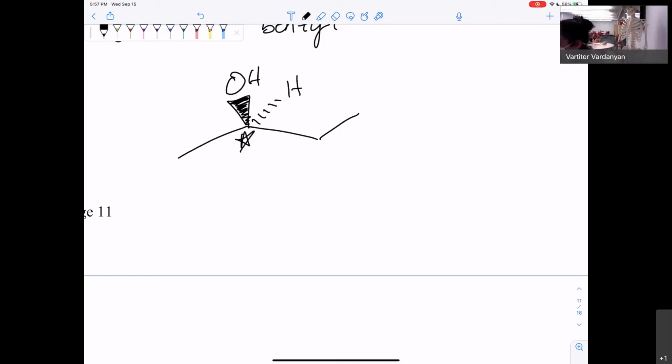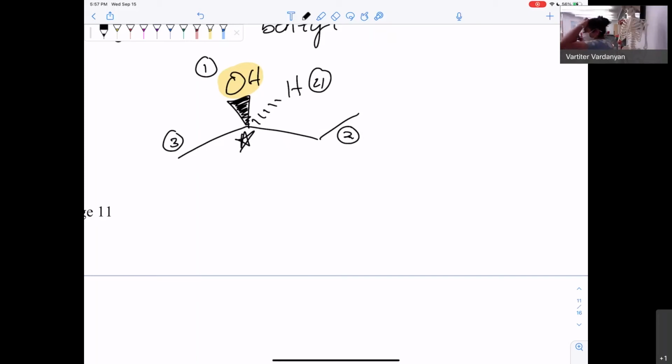All right, so the first priority group is going to be the OH because it's an oxygen. Cool. Last place is always hydrogen. Hydrogen sucks. And then this one is a higher priority than this one. So we're going to say this is 2 and this is 3.